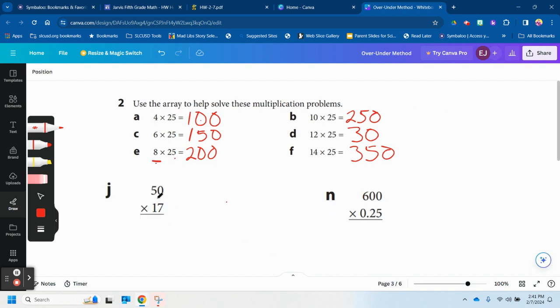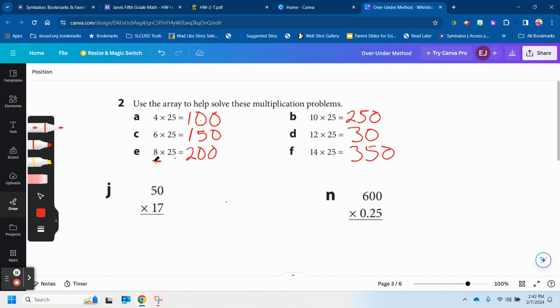So now we're looking at doubling the 25 to 50. So 50 times 17. Let's see if we can get up to 16 here. Well, 8 times 25 is 200. 8 times 50 would be 400.